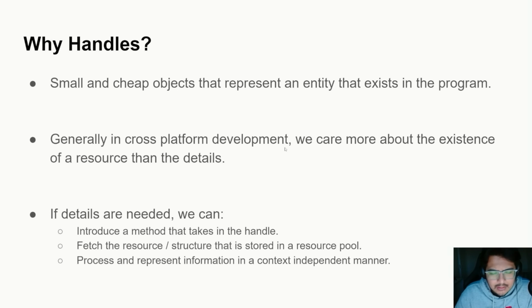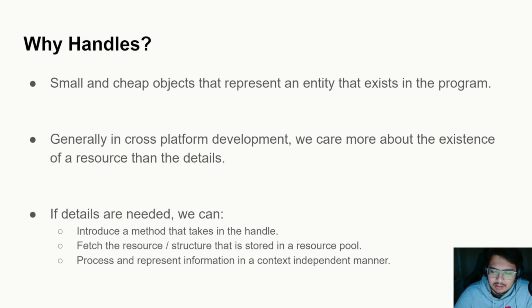So with handles, it is a small and cheap method to represent that an entity exists in the program. And generally in cross-platform development, all we really care about is the existence of a resource rather than the details.